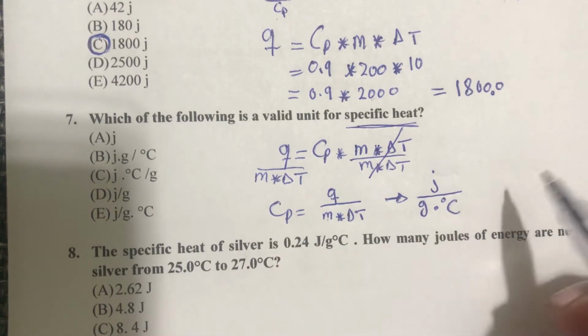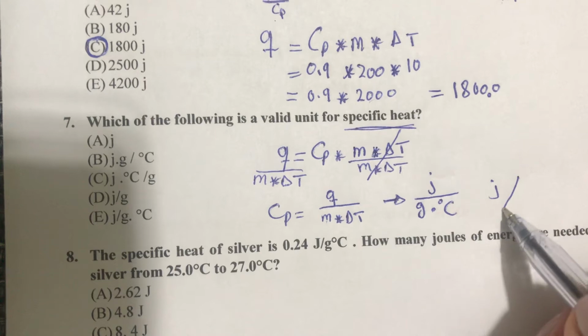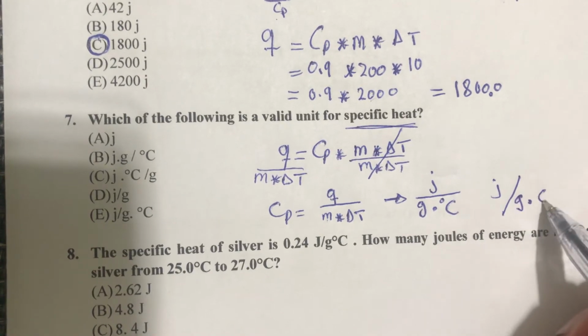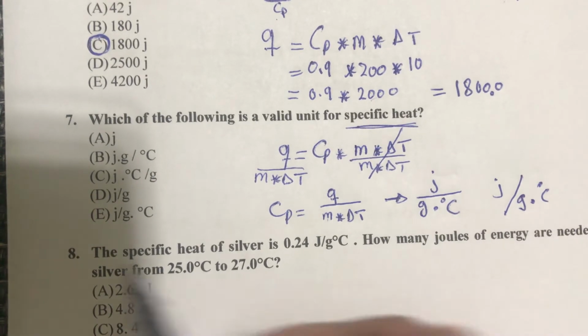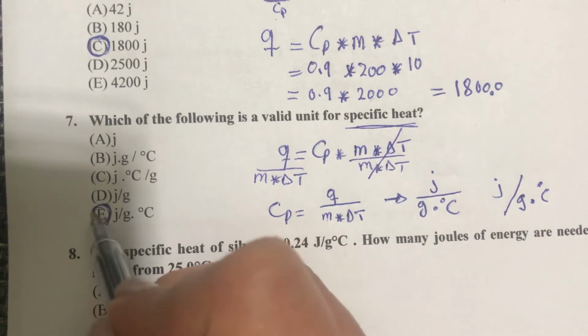So which of these is joule per gram times Celsius? So the answer is E.